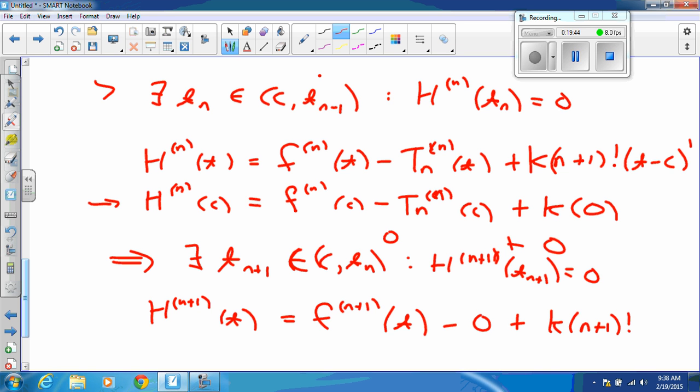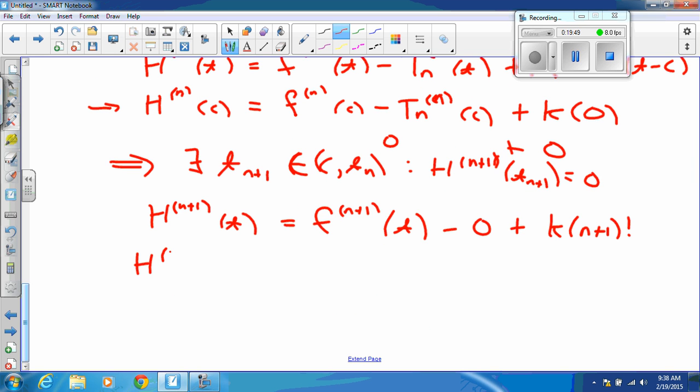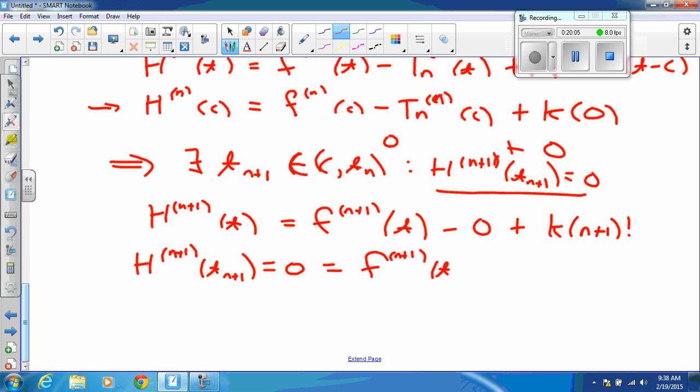And we have finally arrived at a point where this guy is not 0. We found a place where h, the n plus 1th derivative of h, is equal to 0, and therefore it must be the case that this guy right here is equal to 0 also.